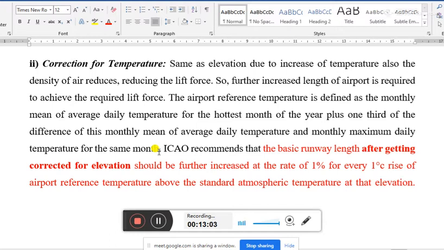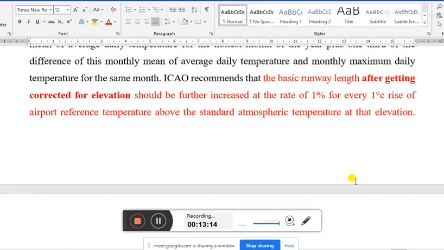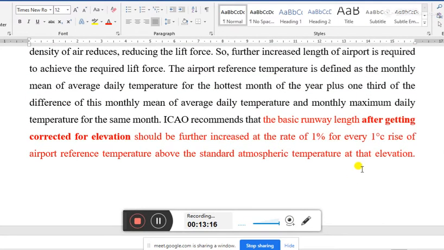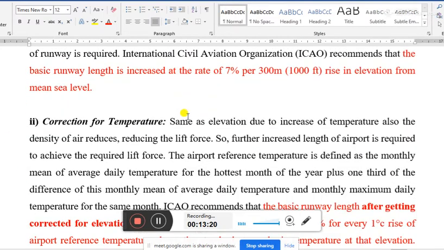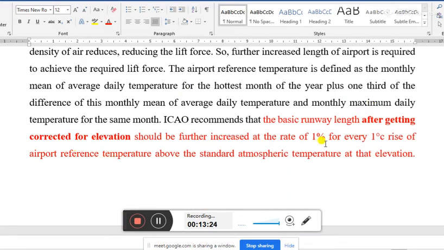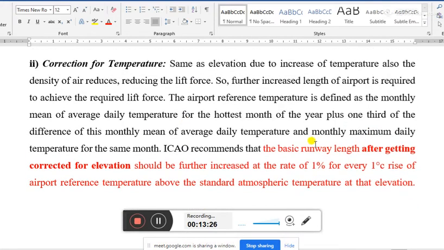On that 1.07x, we have to make the correction for this rise of temperature. That means first of all we have to do the elevation correction, then on the corrected value after elevation correction we have to do the temperature correction.